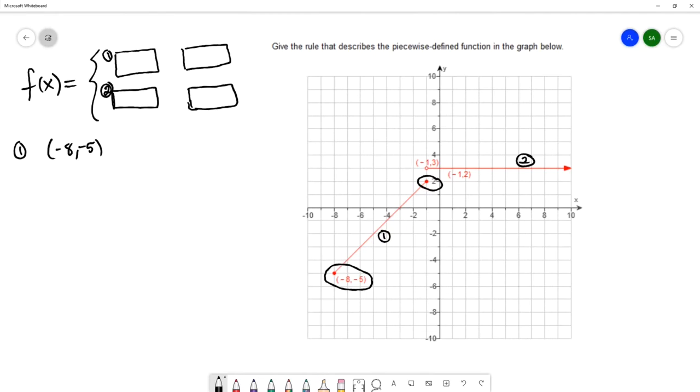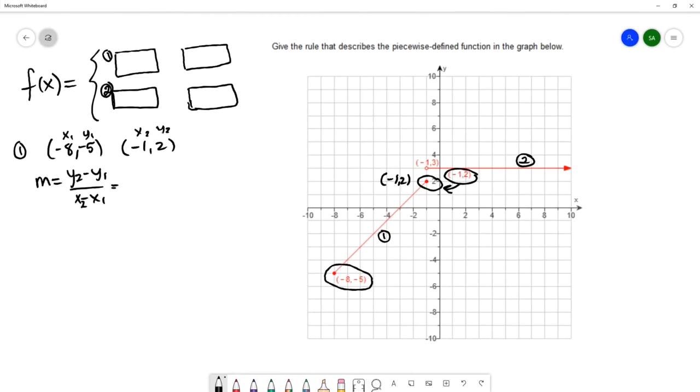If I look at this ordered pair, it looks like -1, 2, so they've labeled it. It's just not very close to the point. So I do have a second point, -1, 2. And because I know 2 points on the line, I'm going to be able to find the equation of the line. I'm going to use the slope formula, y2 minus y1 over x2 minus x1. I'll let the first point be x1, y1, and the second point x2, y2.